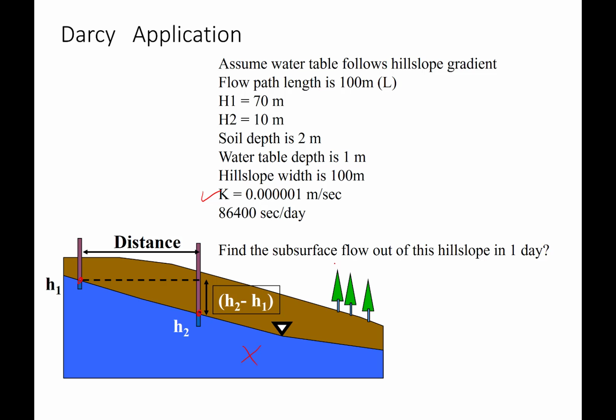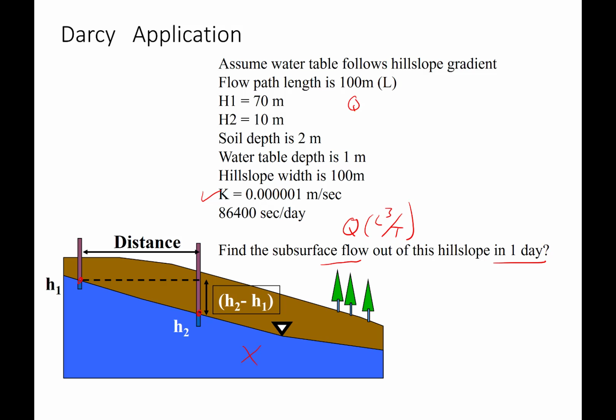And what we want to find is the subsurface flow out of this hill slope, and we're going to have time involved. So we want to find it in 1 day. And so flow in this particular case, let's do discharge, or cubic length per time, volume per time.